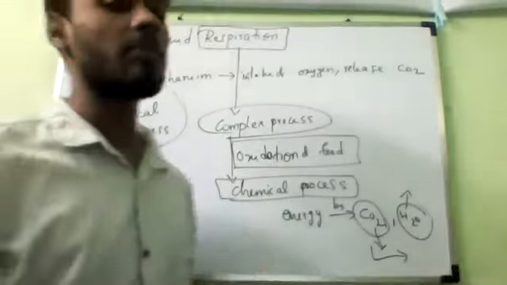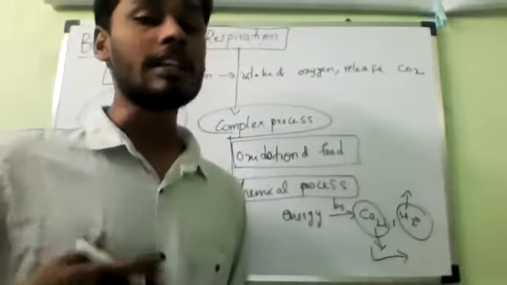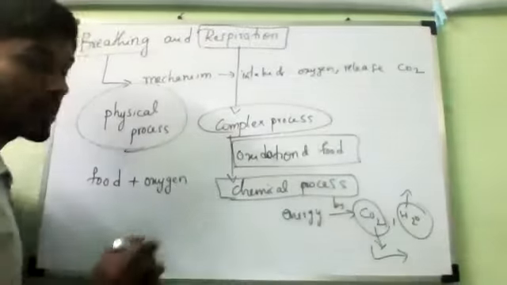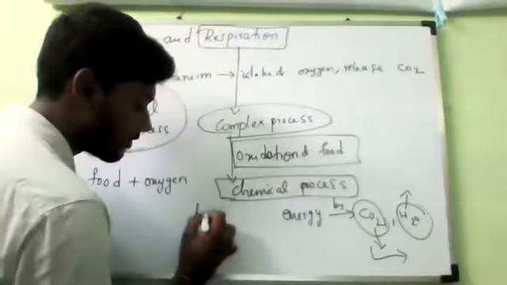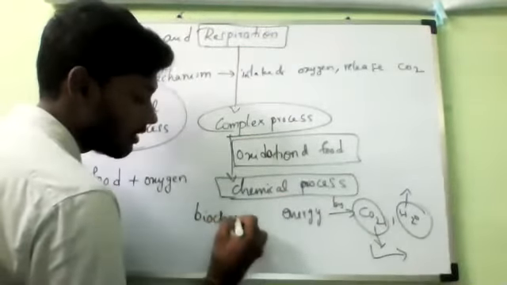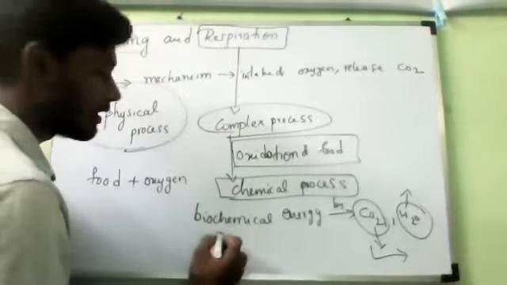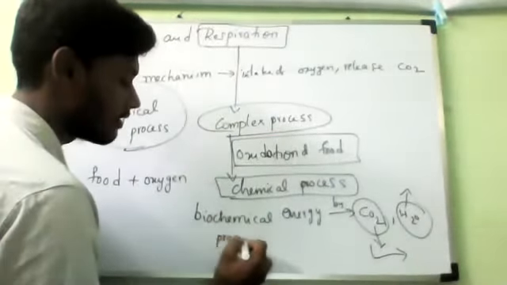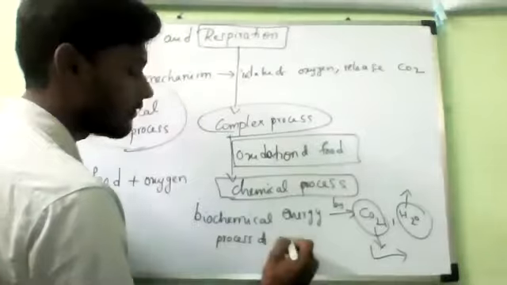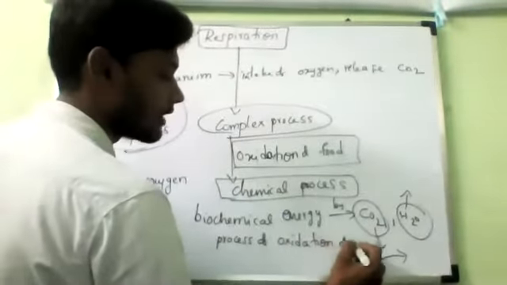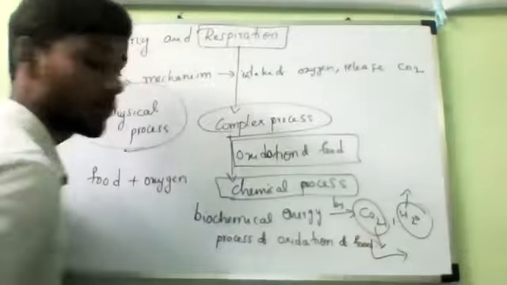And not only a chemical process, it is happening in living organisms, so we can call it a biochemical process of oxidation of food. That is what we call it.